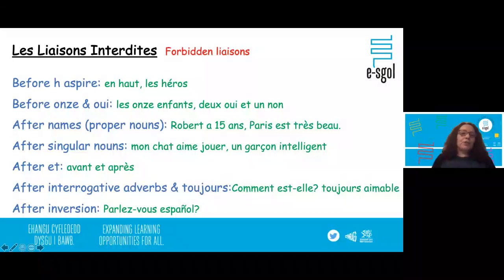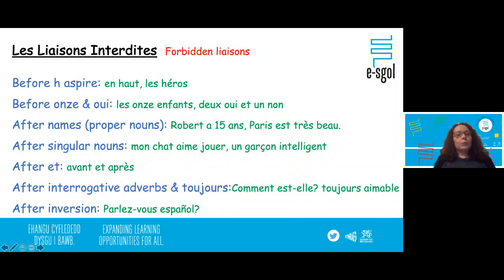However, there are always exceptions to rules in French. So les liaisons interdites are forbidden liaisons where it doesn't work in the way that we would expect. The times when you don't use the liaison are before H aspiré, so en haut and les héros. Okay, so we don't use the liaison there.